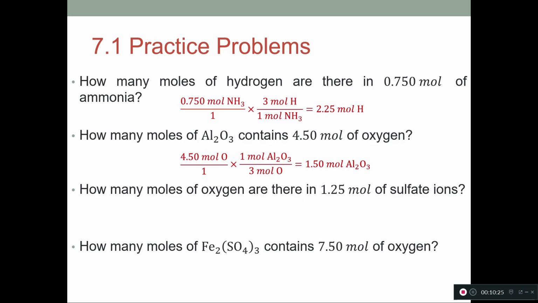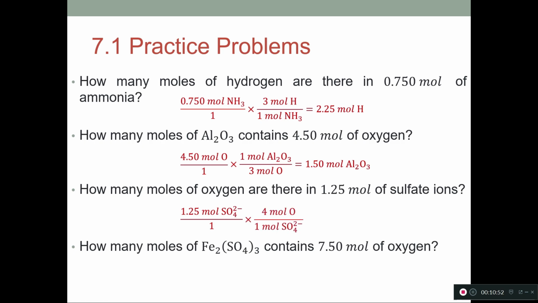The next one, we have how many moles of oxygen are in 1.25 moles of sulfate ions. So sulfate ions, SO4 2-, we would want to start with our 1.25 moles of the SO4 2-. Then we want to find out how many moles of oxygen are contained in the 1.25 moles of the SO4 2-.